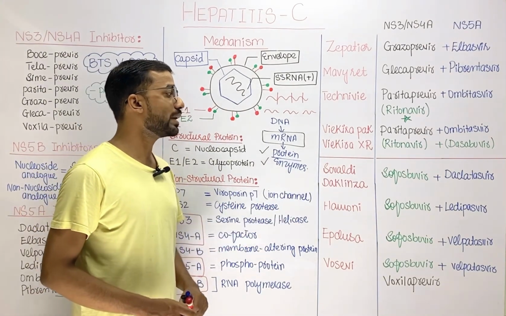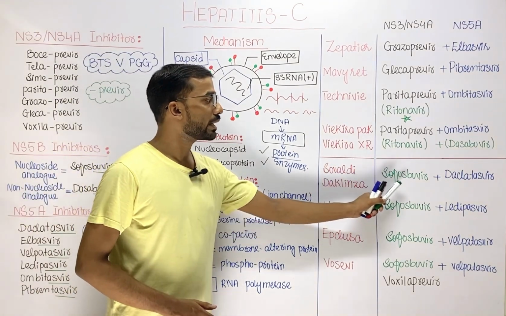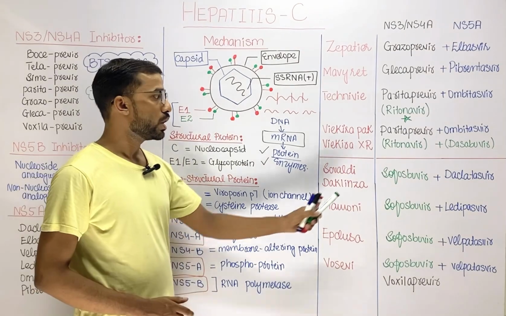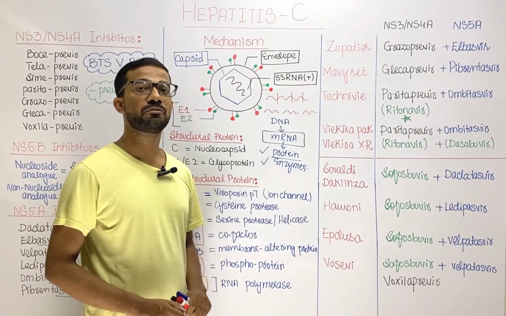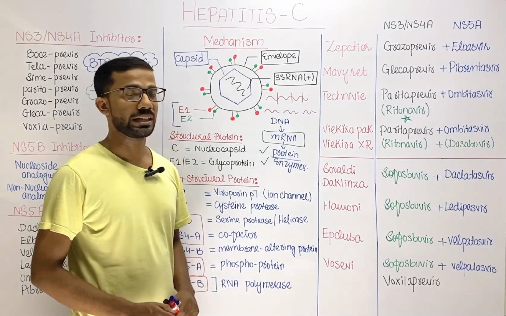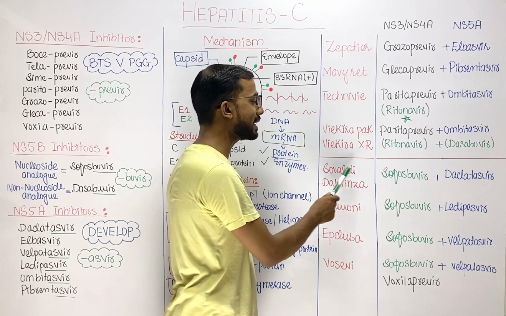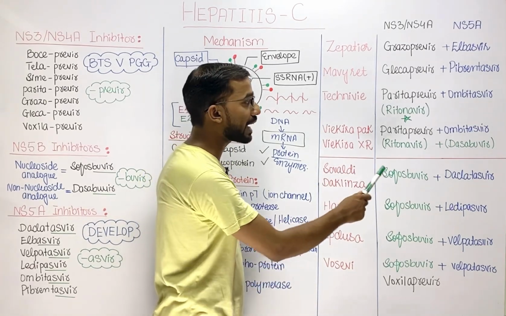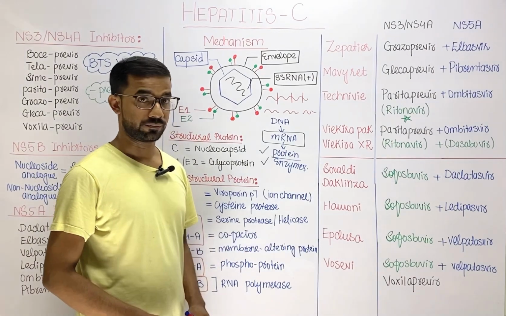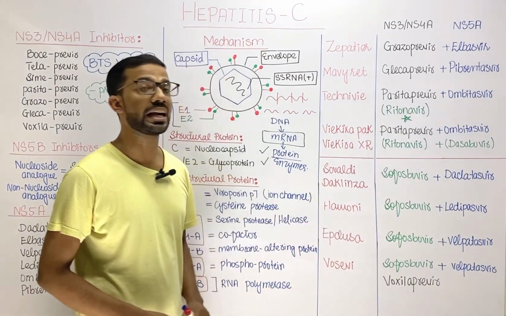Next is Sovaldi and Daklinza. In that case, you will see sofosbuvir and daclatasvir. Sofosbuvir is the NS5B inhibitor and daclatasvir is the NS5A inhibitor. So the brand name of sofosbuvir is Sovaldi and of daclatasvir is Daklinza. Next, Harvoni is the combination of sofosbuvir and ledipasvir.